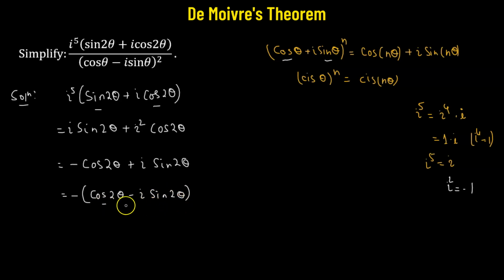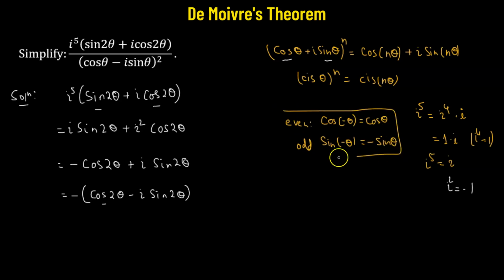Now we know that cosine is an even function, so cosine of negative theta is equal to cosine of theta, whereas sine is an odd function. An odd function means that sine of negative theta equals negative sine theta.